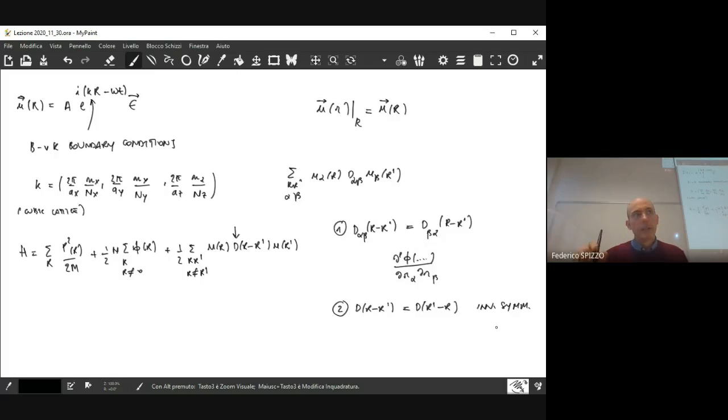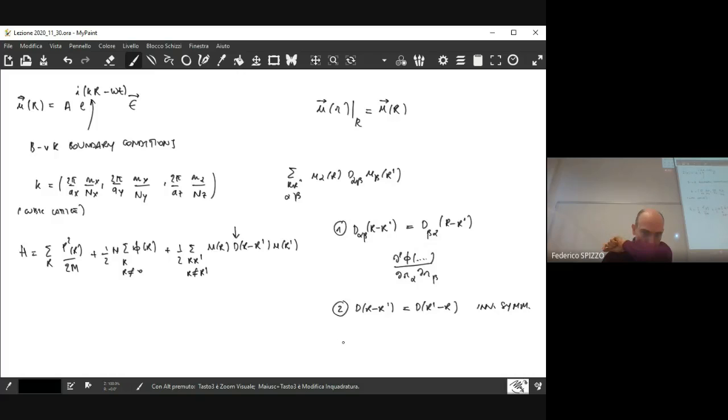So in this way, if you know that vector r and minus r belong to the lattice, then the relative position is always the same between the 2 points. So in this case, this equality again comes mainly from the inversion symmetry and also from the structure of the potential.